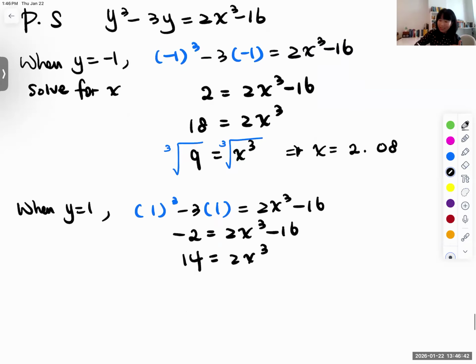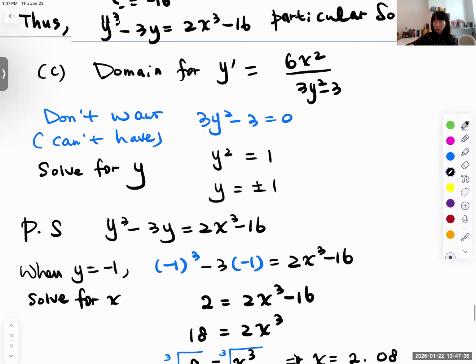So we have 7 equal to x to the third power, right? Okay, so what is the x will be? So cube root both sides. So x will be 1.91. So we don't want x is like that, right?